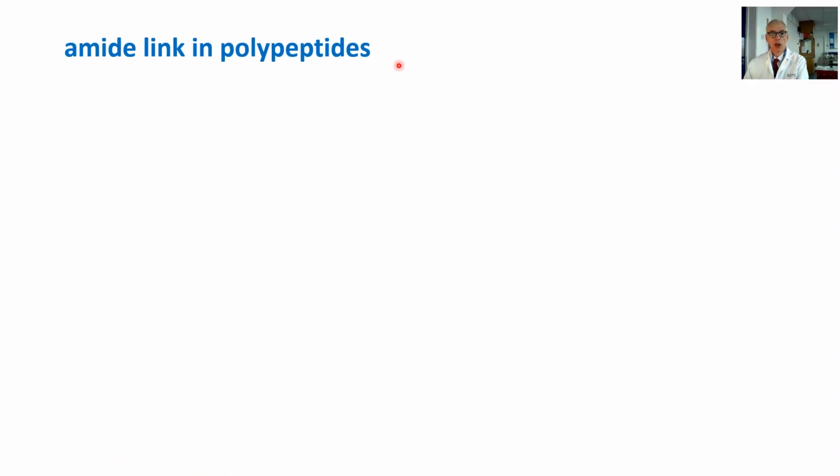So let's have a look at the role that amides play in proteins. Amino acids polymerize, as I hope you realize, to form proteins, but what holds the amino acids together is called in biology the peptide link, but is in fact better known as an amide link.